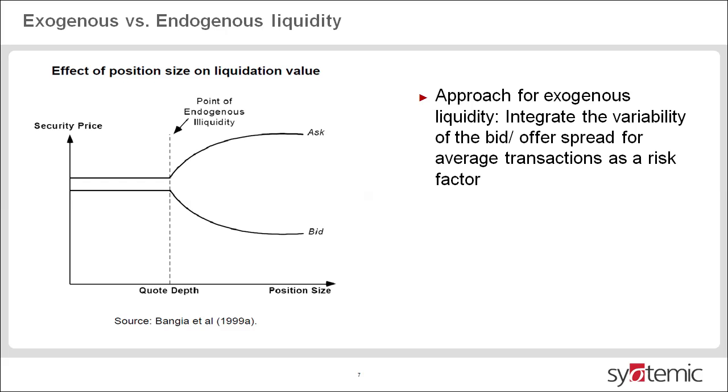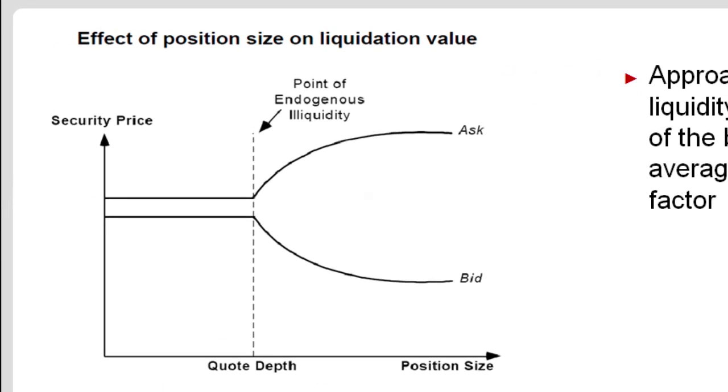This is a nice chart here which clearly shows these two concepts. On the left side of this chart, we can see the two straight lines representing the bid-offer spread. Up to that point, we have a relatively small position, a position which does not influence the prices, but nevertheless, there is some kind of bid-offer spread in the market that would affect us, and this spread may, of course, widen under stress conditions.